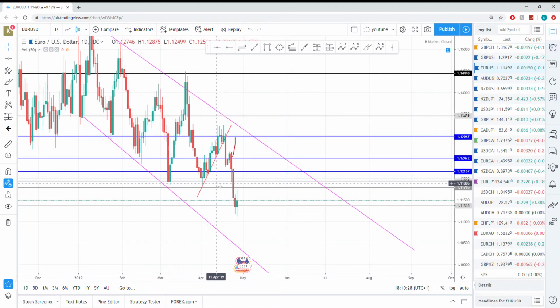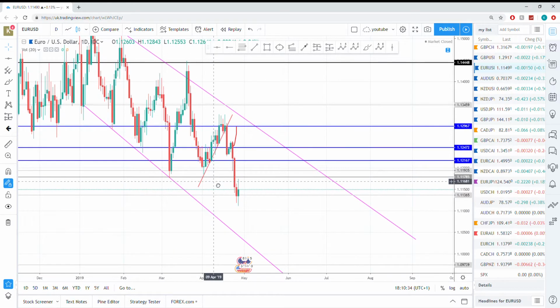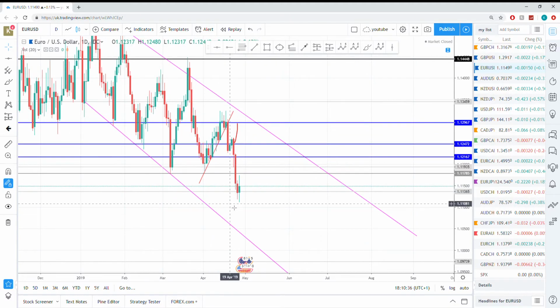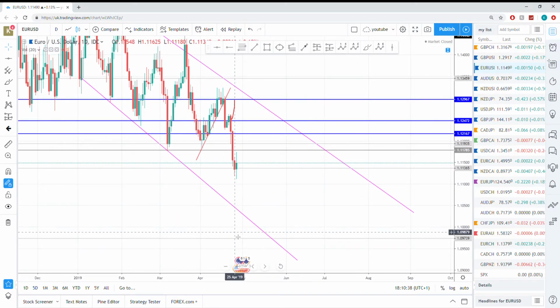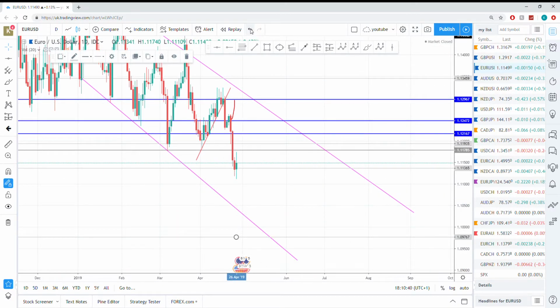Signifying this close above this key zone gives me an idea that we could potentially look all the way down here for our next key zone point, and see how sensitivity reacts to our bottom trend line in this channel.